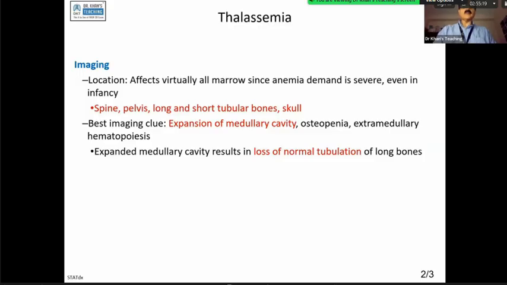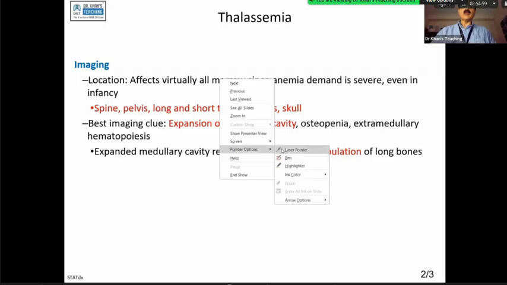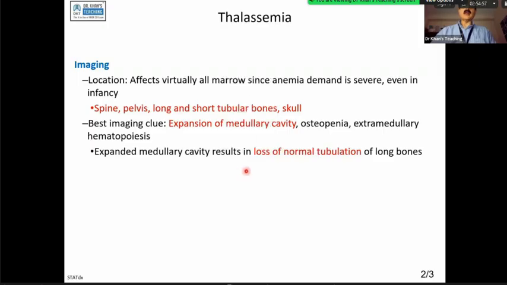So that is why every bone is more or less involved. If you remember your pathology, you can make your radiology. So what will happen is that there will be expansion of the medullary cavity. Wherever you find manifestation, you will find expansion of the medullary cavity. And the bones will lose their normal tubulation.